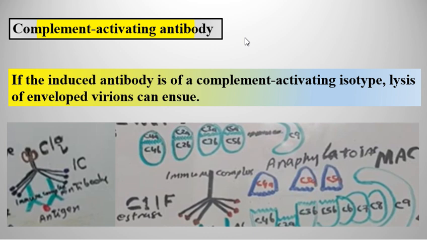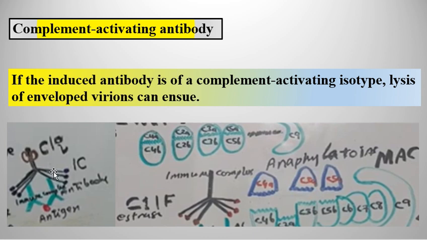As I mentioned, antibodies work in three ways: complement activation, opsonization and neutralization. Some antibodies have the capacity to activate the classical pathway of the complement and induce lysis of enveloped virions.